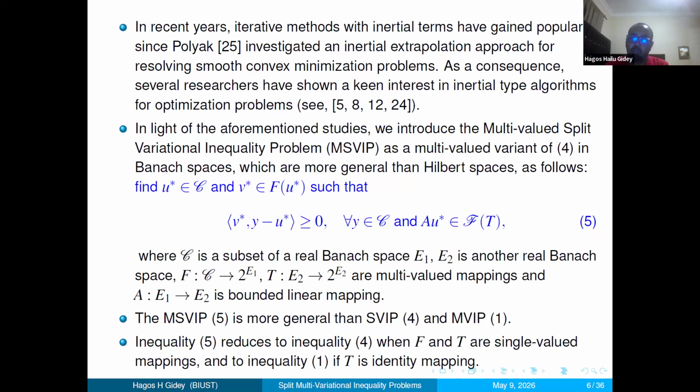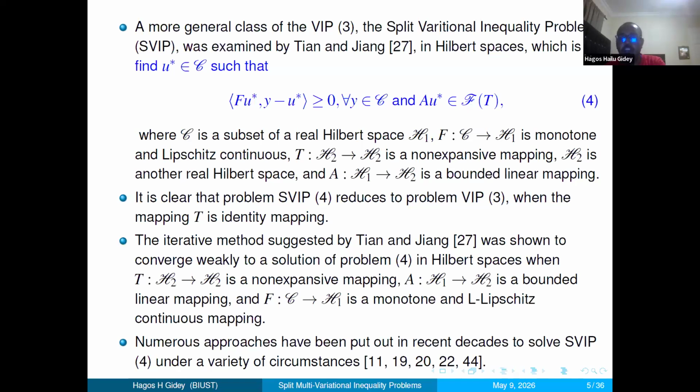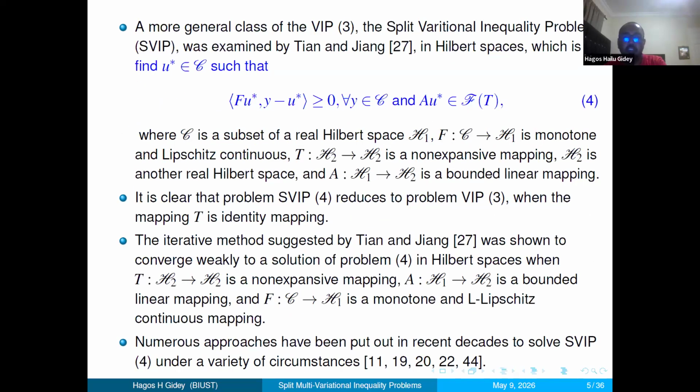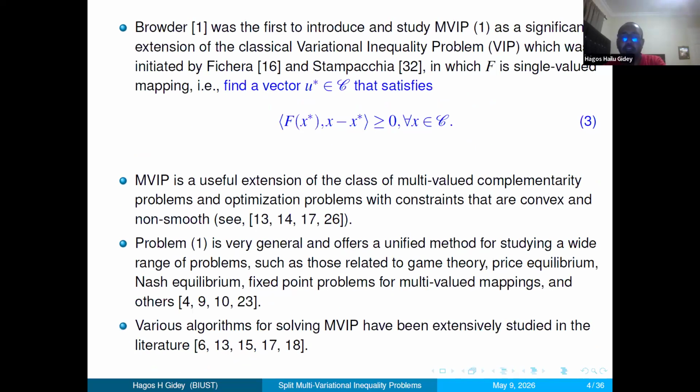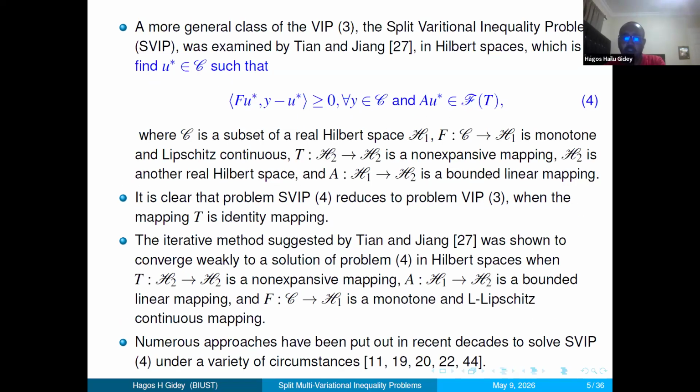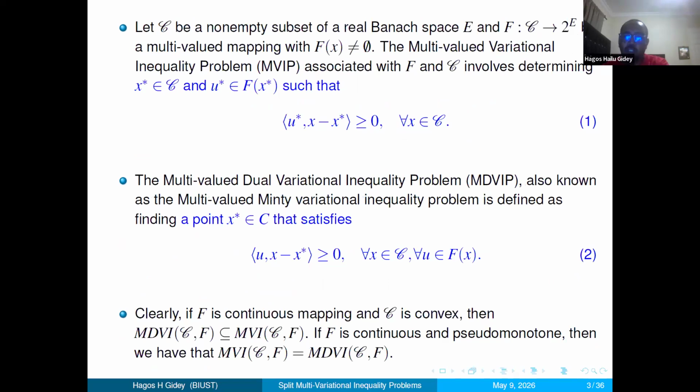Now our aim is to introduce a multivalued split variational inequality problem, which generalizes problem 4. Problem 4 is just single valued, but problem 1 is multivalued. Therefore, we need to extend both of those problems. We extend problem 1 into a multivalued one.